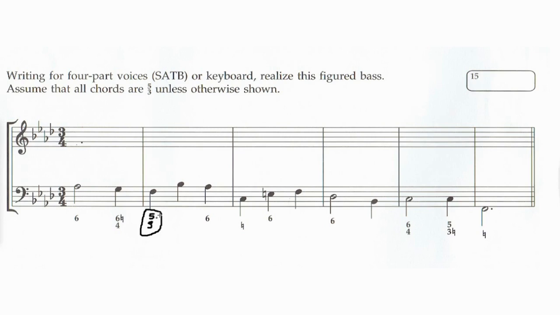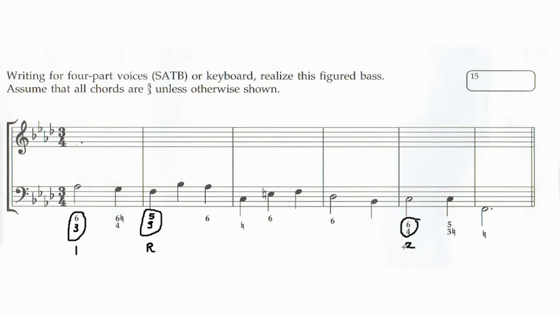So a blank space is the same as a 5-3. The number 6 on its own refers to a 6-3 chord, which is the same as a first inversion chord, and a 6-4 is a second inversion chord. So 5-3 is a root position, 6-3 is the first inversion, and 6-4 is a second inversion.